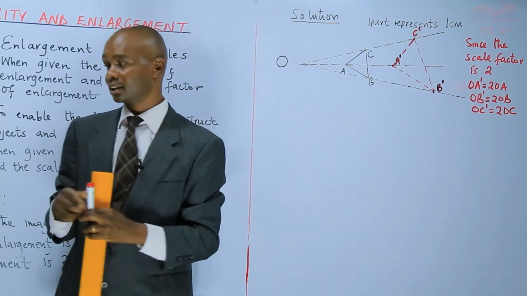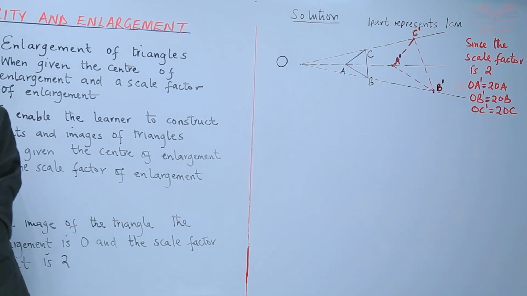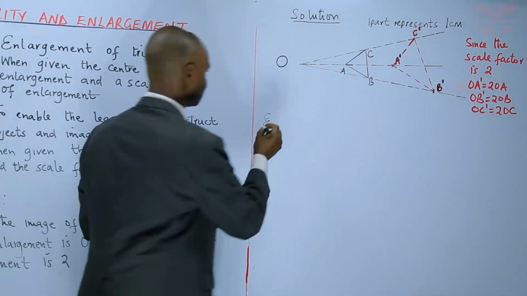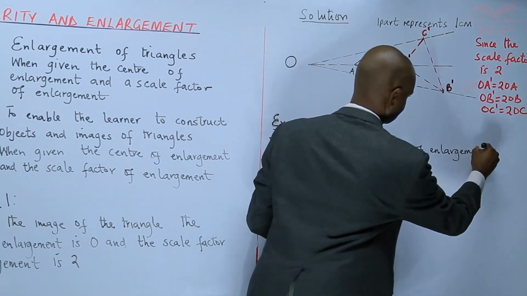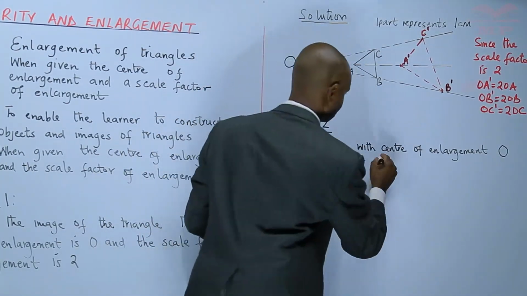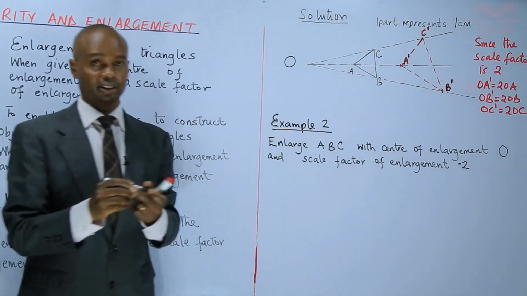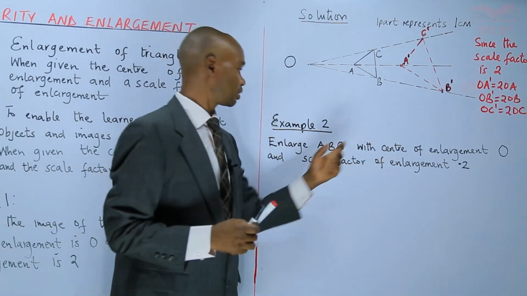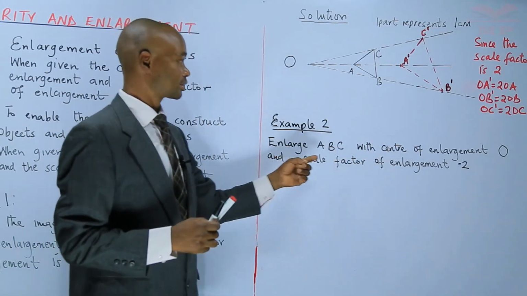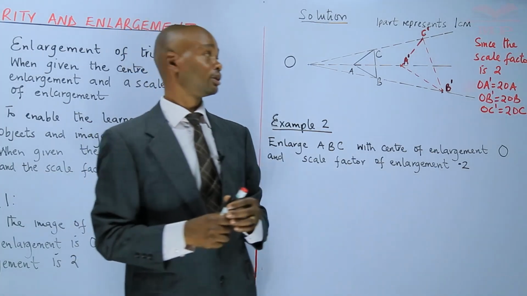We shall look at a second example. It reads, enlarge ABC with center of enlargement O, and the scale factor of enlargement is -2.